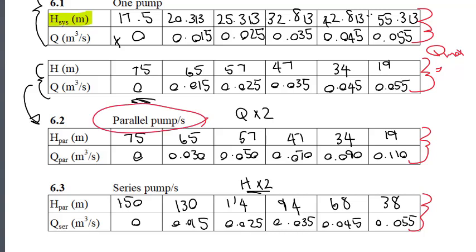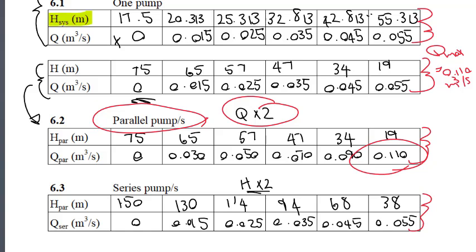Because remember, here you multiply Q with 2. So this is where you'll find your maximum Q value that you will have to plot on your graph paper. In this case, the maximum Q value here is 0.110 meters cubed per second.